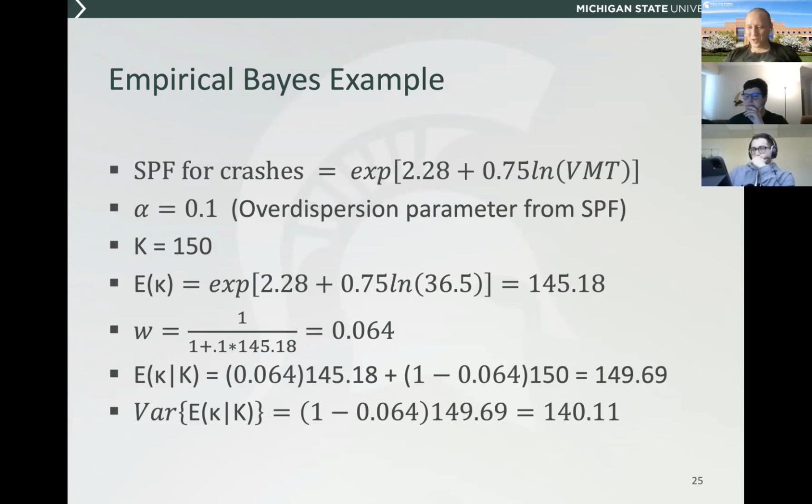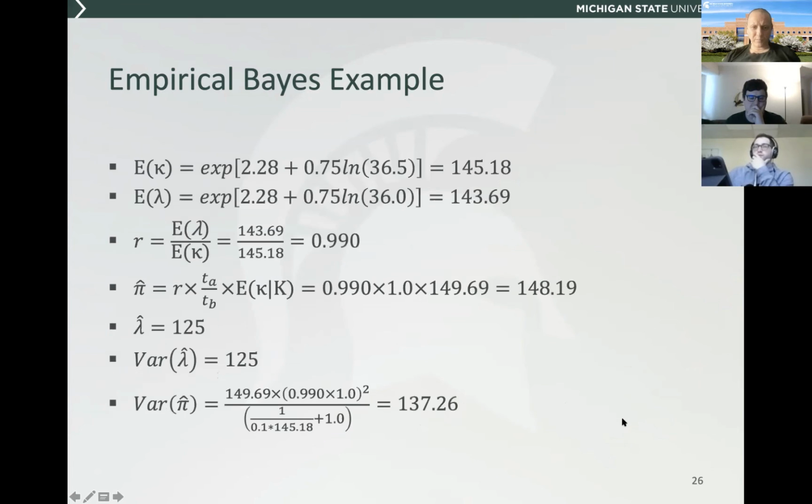Now, one of the advantages of the empirical Bayes method is that we're also able to get a more precise, lower variance estimate. So that variance, instead of being assumed to be equal to 150, has been reduced to 140.11. That would be one of the other advantages, despite the fact we've just had this relatively modest reduction in our expected number of crashes.